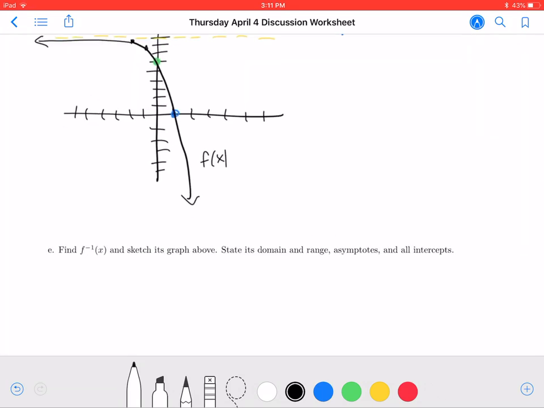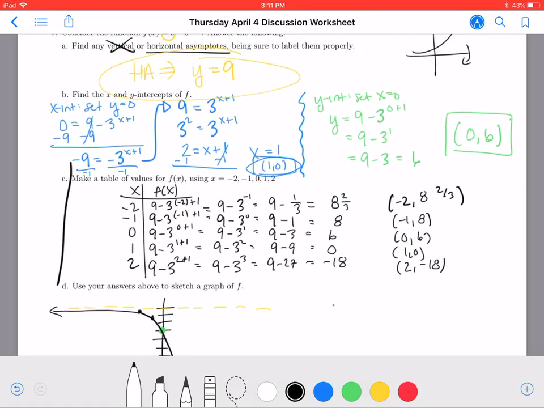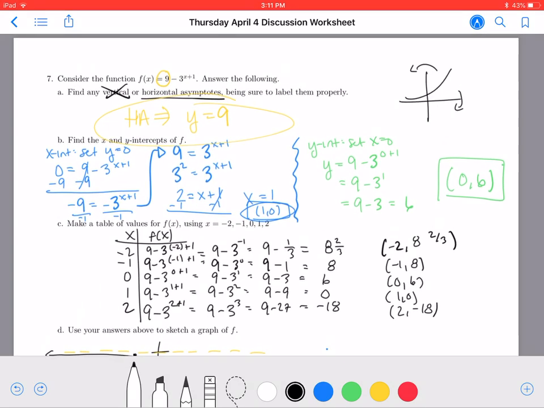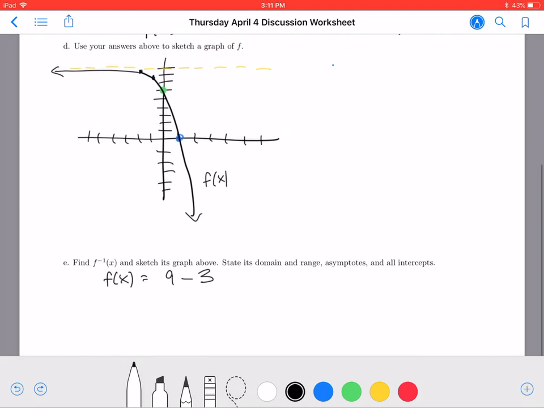All right, and then finally finding the inverse. So my original function was 9 minus 3 to the power, sorry guys, I forgot what it was. 9 minus 3 to the power of x plus 1. How do I find the inverse? Well, I change f of x to y, and then I swap my x and y values and solve for y.